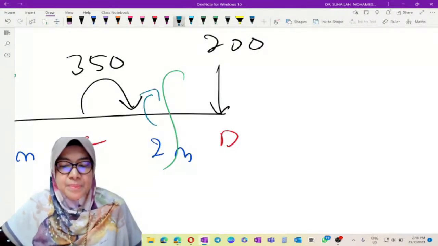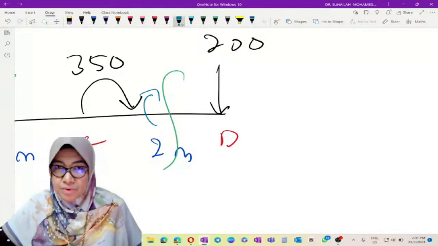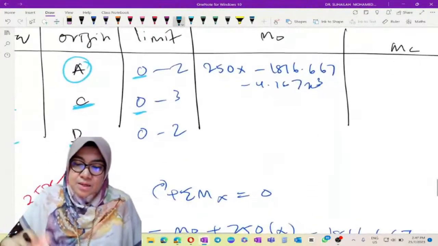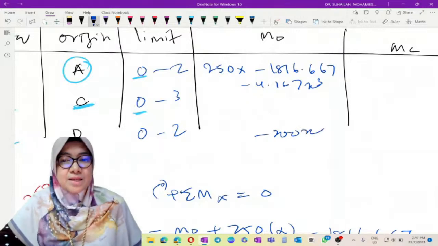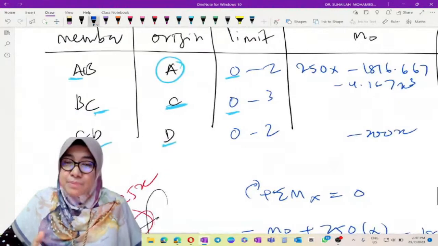This is M, so M plus 200x equal to 0. So it is negative 200x.